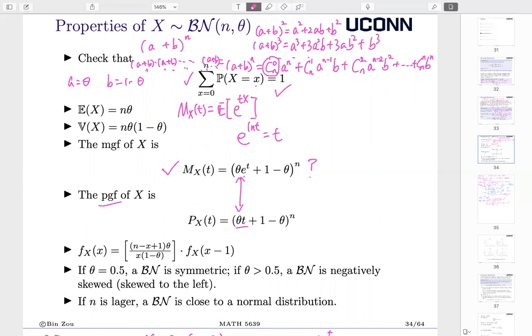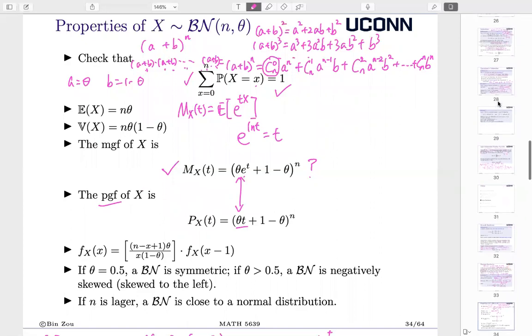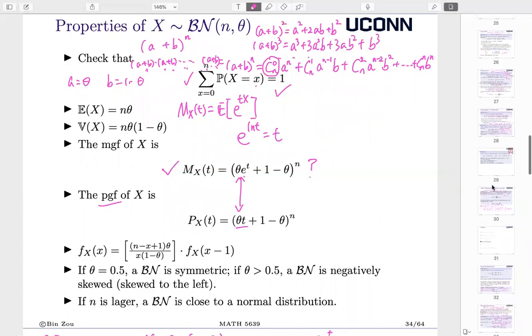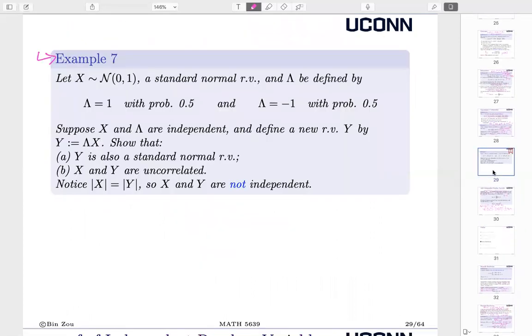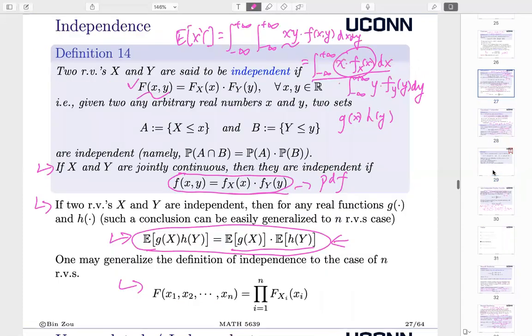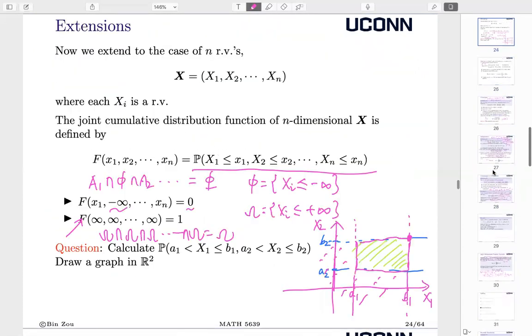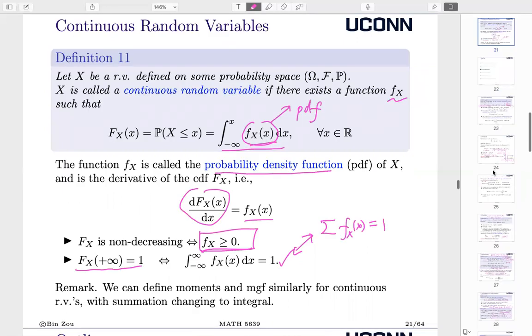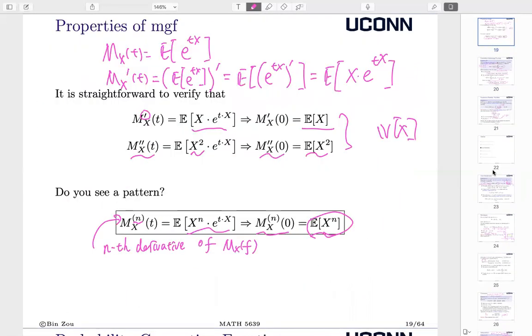By the way, once we have the MGF, we can also apply the results. Remember, let me go back a few slides and show you those important results. I think it's in the definition of MGF here.